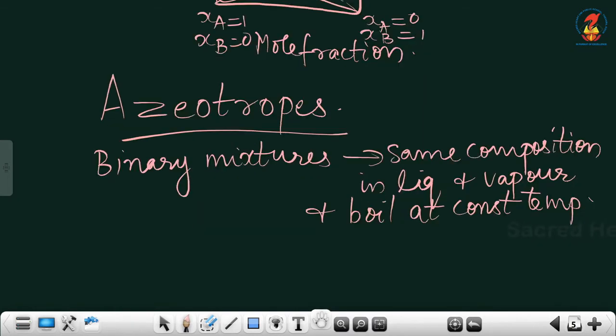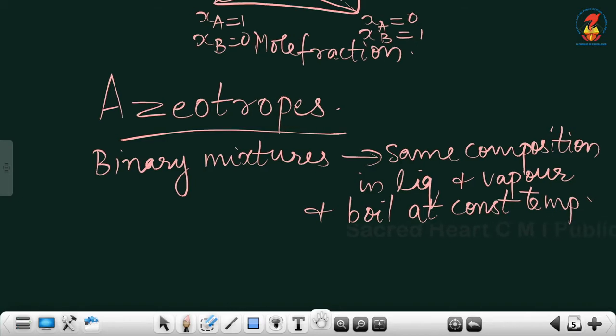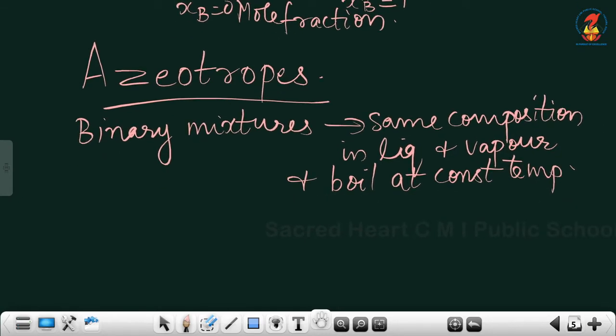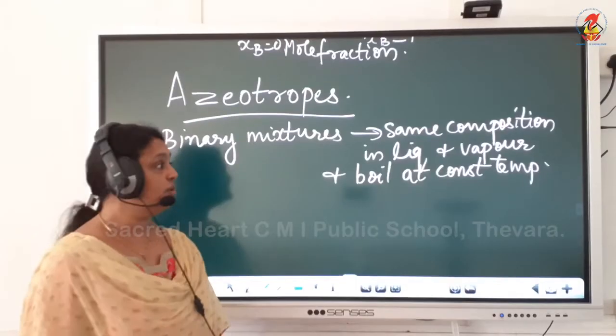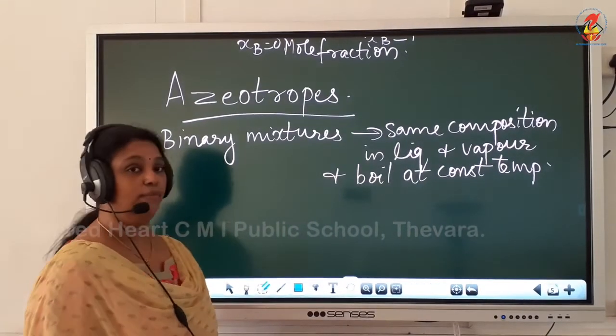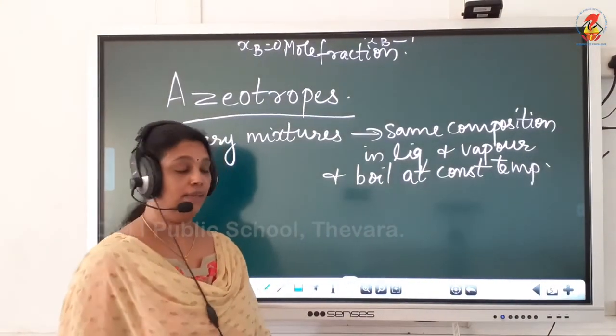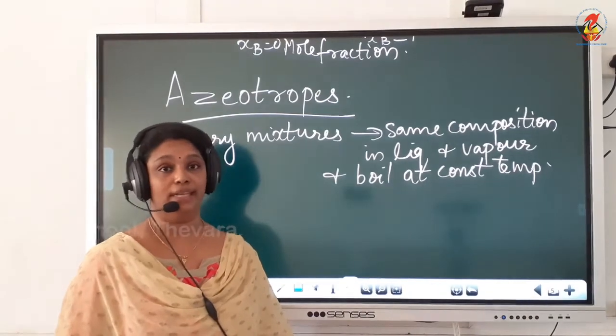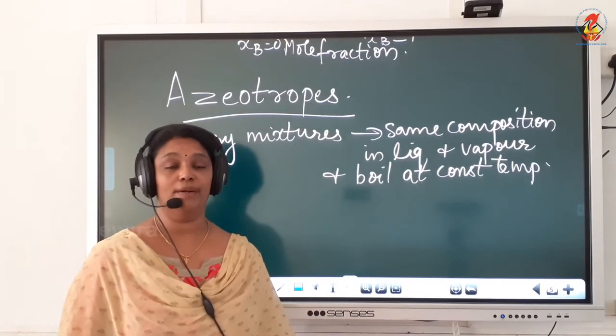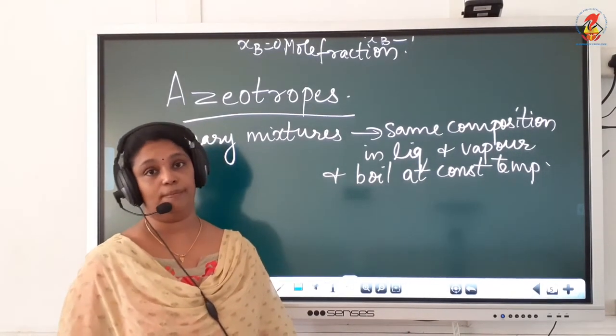This is an azeotrope. So azeotropes are binary mixtures having the same composition in liquid and vapor phase, and they boil at constant temperature. Since a binary mixture means two liquids together, and since they boil at constant temperature, it is very difficult to separate an azeotrope by fractional distillation.